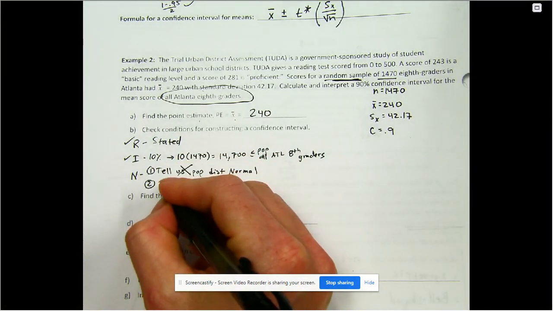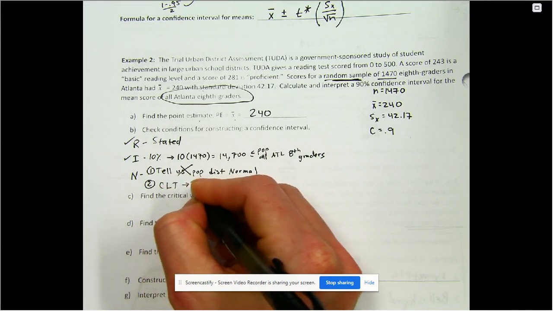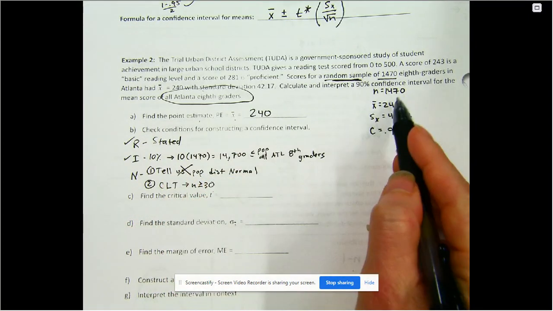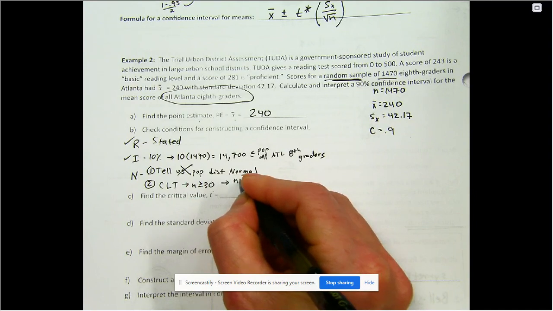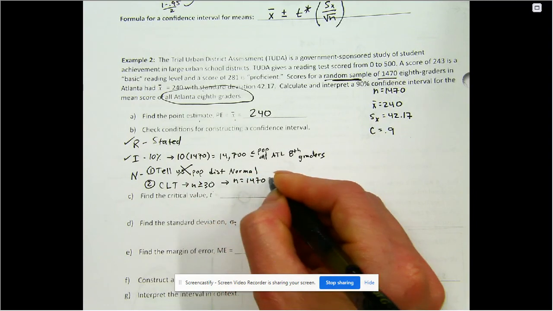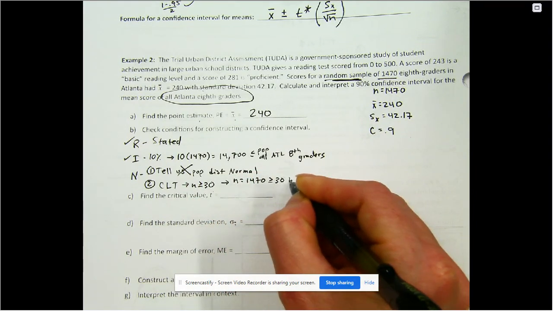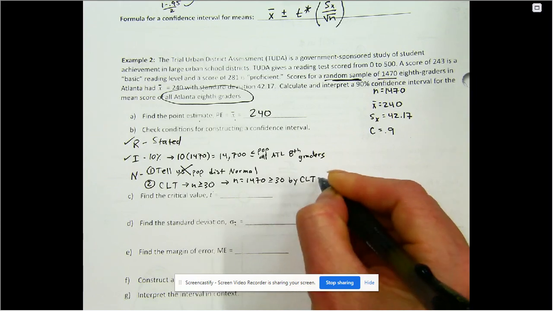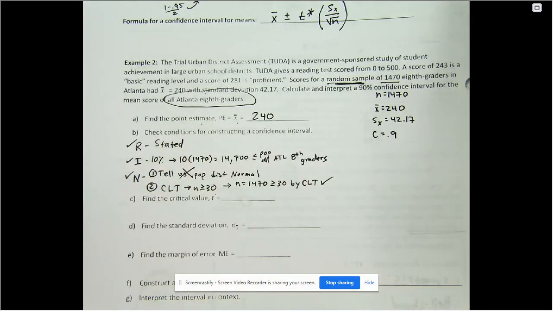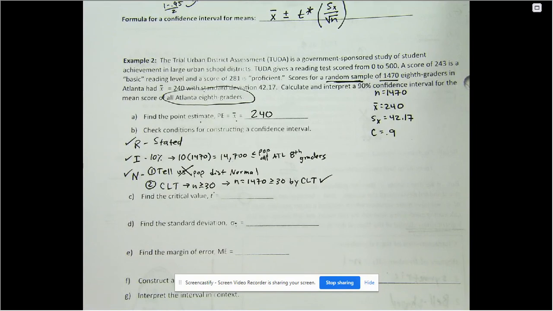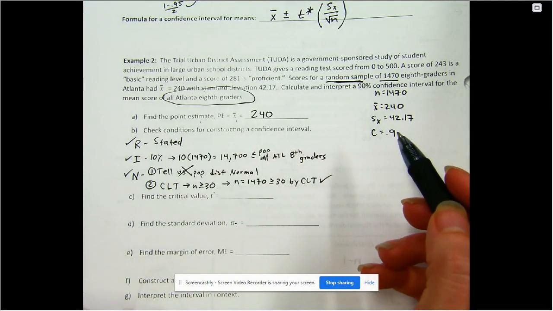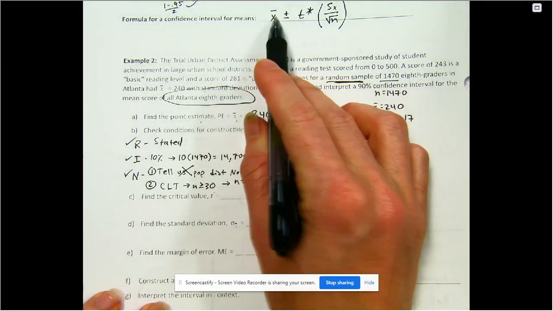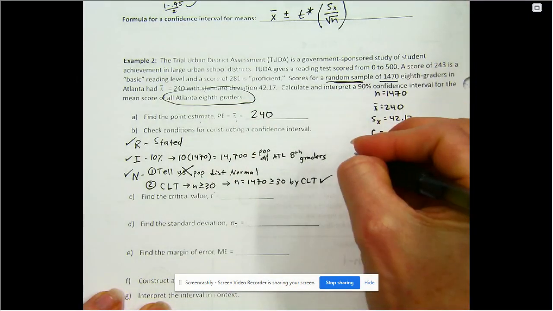The second condition is CLT, and that's that N is greater than or equal to 30. Our sample size equals 1,470, which is greater than or equal to 30. So by CLT, we have met this condition. So we are good. We have met our normality condition. Now, the first step is, so far, we have our X bar.